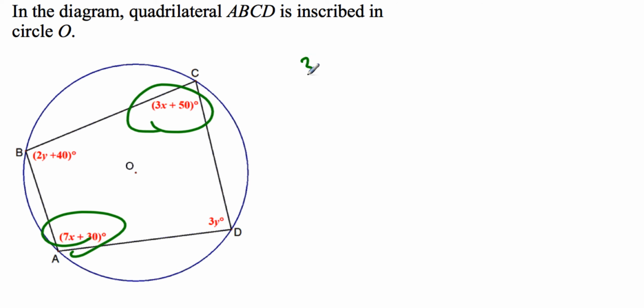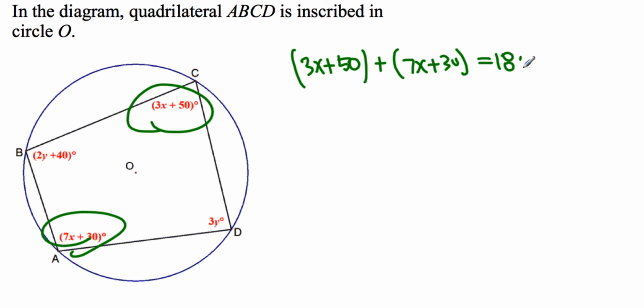So here we get 3x plus 50 plus 7x plus 30 must be equal to 180. So then here we get 10x plus 80 is equal to 180, where 10x must be equal to 100. And you can see that x equals 10.